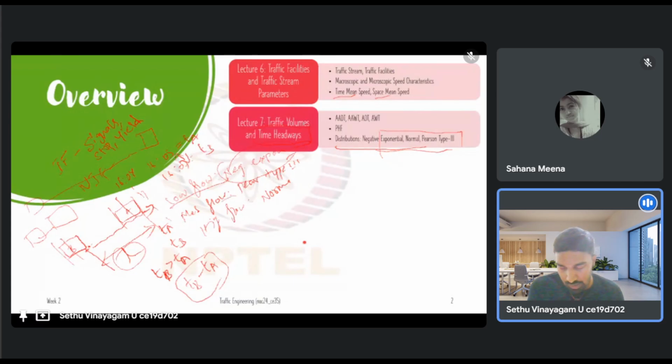And when you have a very high flow rate, every pair of vehicles that you consider is likely to have the same gap between them. Because the space in the roadway is limited, and when you have too many vehicles, they are going to occupy the roadway in a very closely packed fashion.